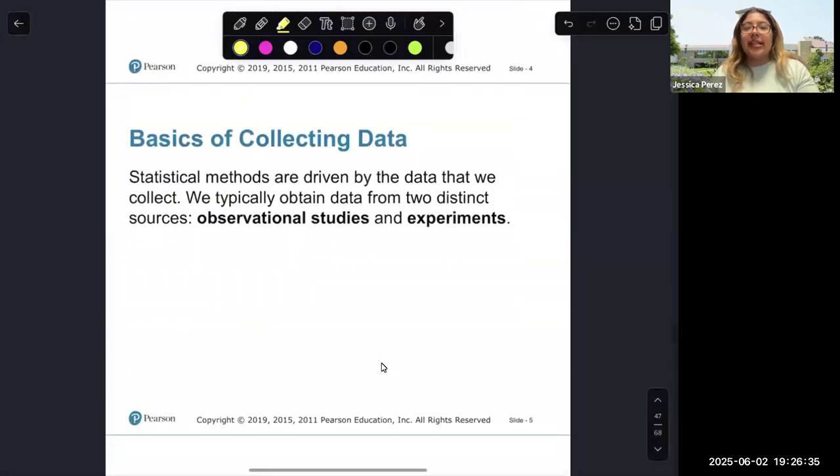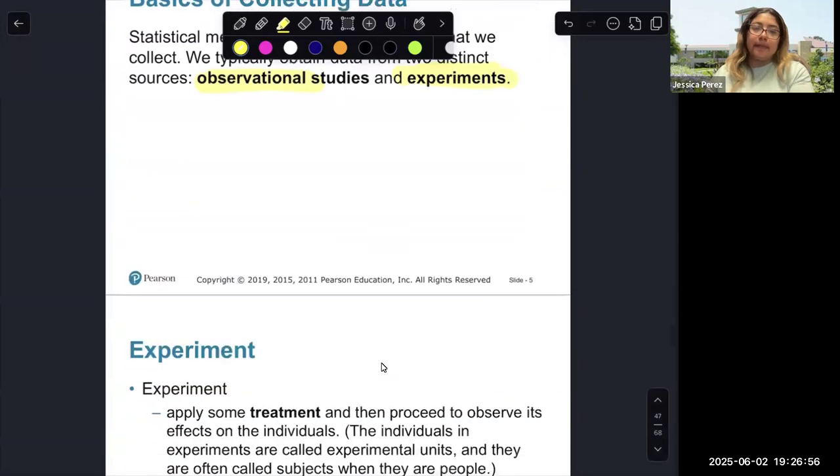The basics of collecting data. Statistical methods are driven by data that we collect. We typically obtain data from two distinct sources: observational studies and experiments. These are the two typical sources that we use to obtain data. We either observe a study or we actually do the experiment.